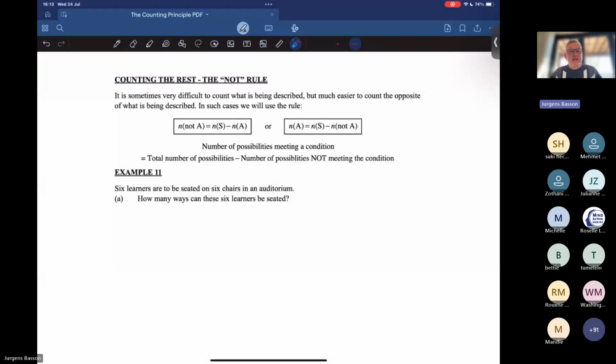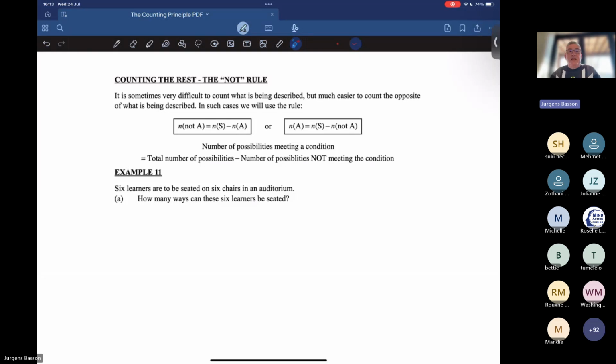I say 6 learners are to be seated on 6 chairs in an auditorium. So here's 6 learners, 6 chairs. The chairs are your tasks. 6 learners. They can't repeat, it's people. So therefore, we will get factorials here. You will notice I say, how many ways can these 6 learners be seated?